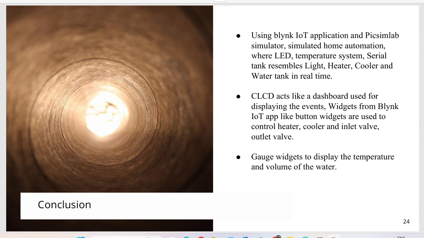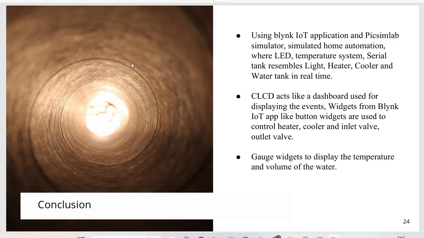And coming to the result and output of my project, the system successfully controls lights, temperature, and water tank, how much is filled in the water tank measures.